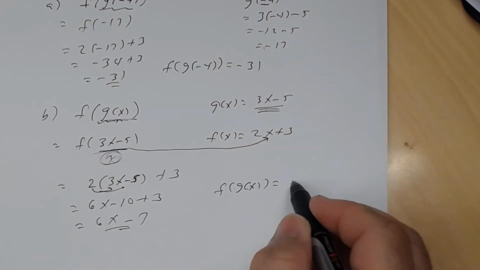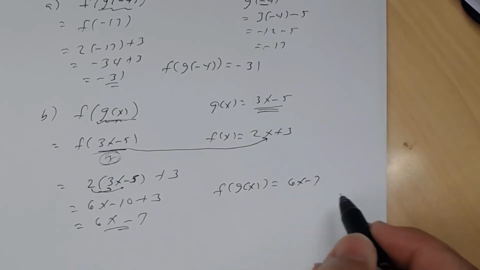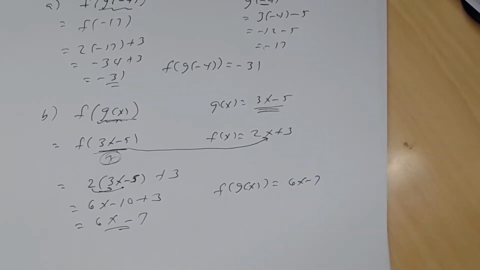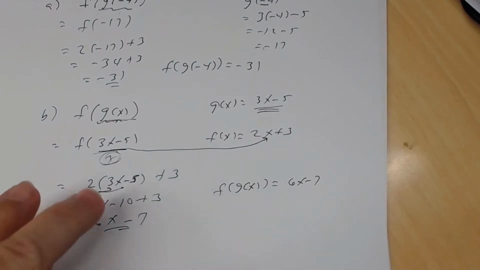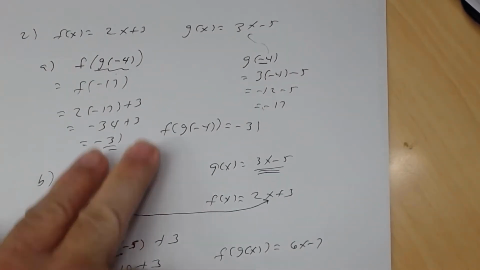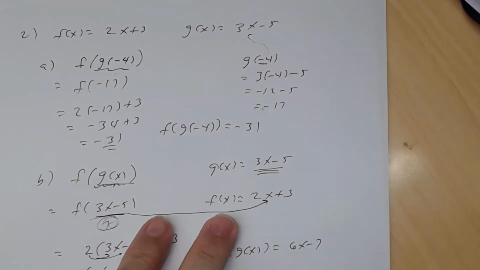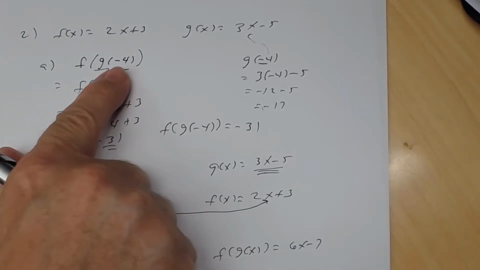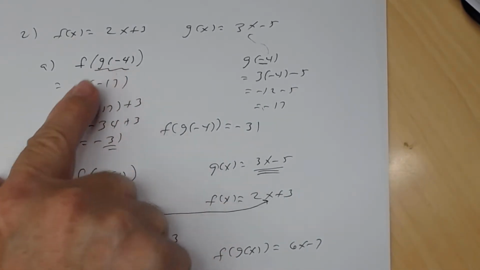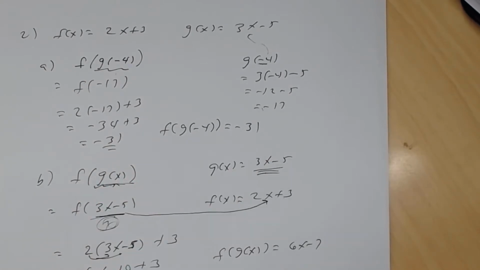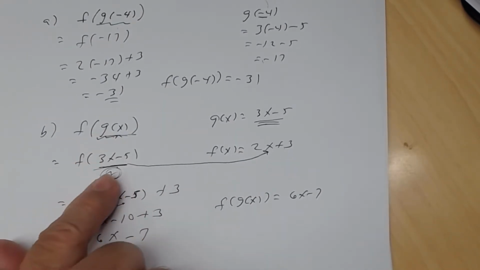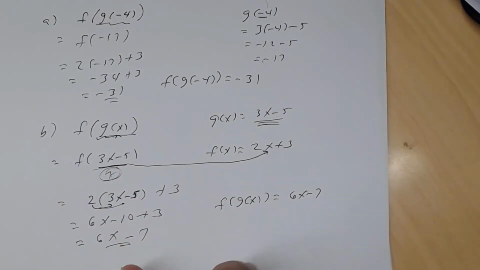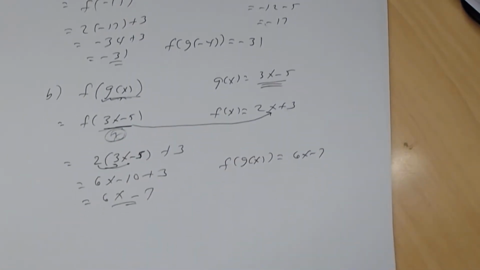So f of g of x is 6x minus 7. Okay? So notice I tried to make whatever we did here look very similar to this. Except here, when I substitute a real number, I end up with a real number. Here I'm substituting a variable expression, so I end up with a variable expression, not a real number.